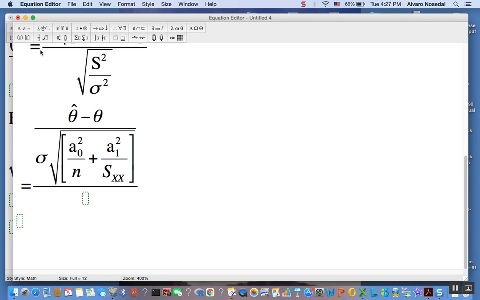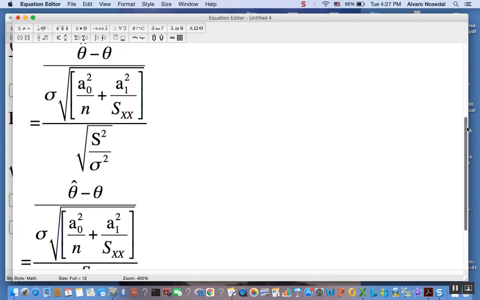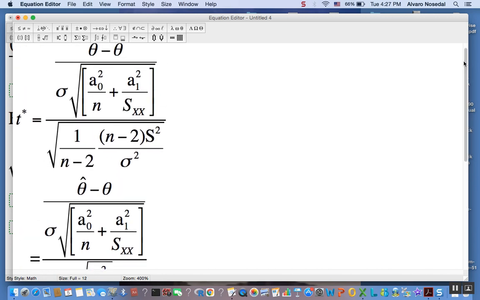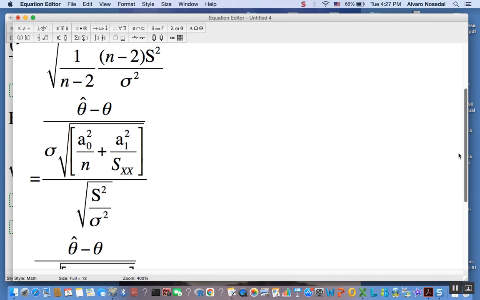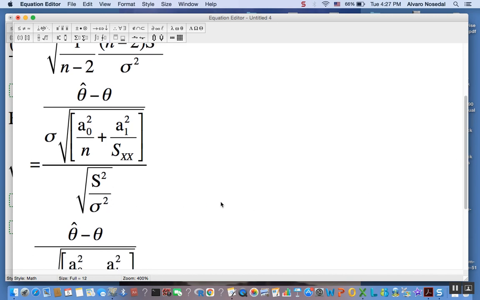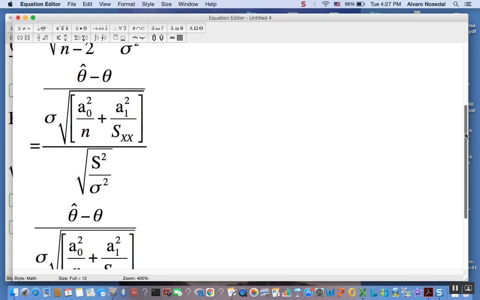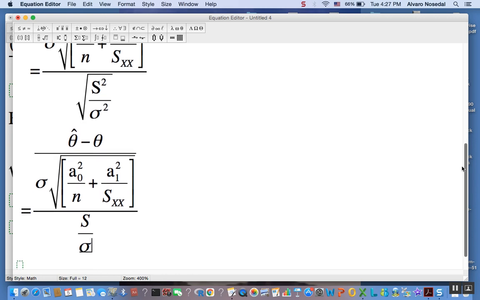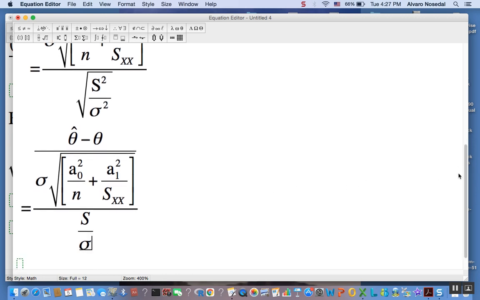You agree? Because these n minus 2 terms cancel out. We have the square root of S squared over sigma squared below, and that is just S divided by sigma.